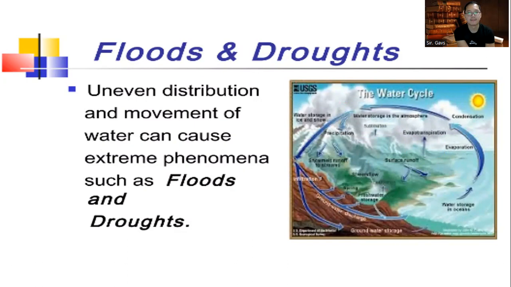It is also affected by climate change, because the water cycle is a natural process. The natural occurrence of the water cycle is being affected by climate change. So as a result, we have floods and droughts.